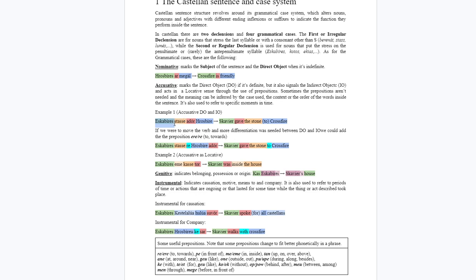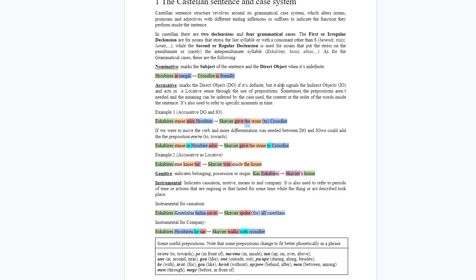So, for example, we can see it here. Escabires stase ador hrosvire. So Scavier gave the stone, and this is really important. Why we can use the nominative and the accusative to refer to the direct object. And here is the difference.